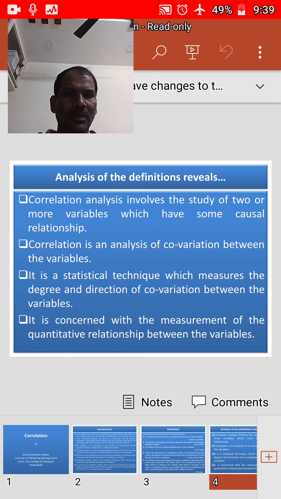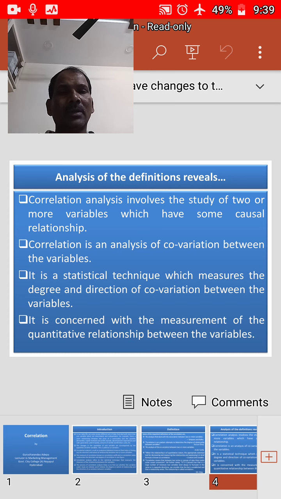If we analyze all these definitions, we come to a conclusion that all these definitions state that correlation analysis involves the study of two or more variables which have some causal relationship. The variables must have some cause and effect relationship, where one is the cause and the other is the effect, right?